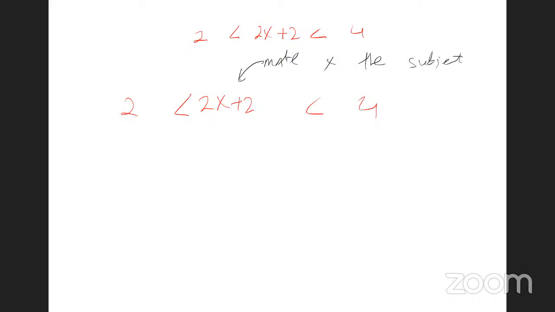So what you would normally do is carry across the positive 2. So you would minus 2 here, you would minus 2 here, correct? Whatever you do on the right, you will also do on the left. Are you okay with that? So this simplifies to 0 is less than 2x is less than 2.